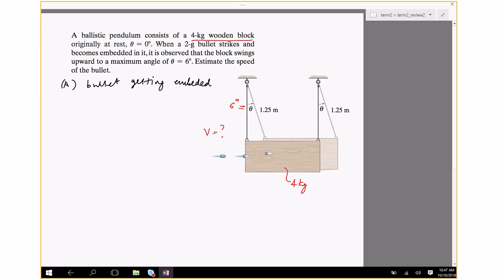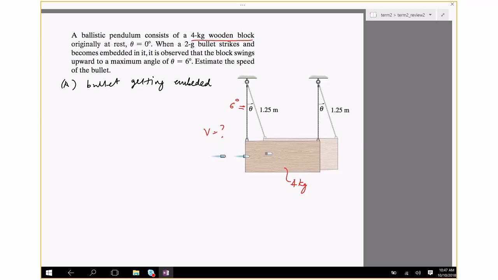That's going to transfer the momentum of the bullet to the block. If you know the velocity of the block with the bullet, then you should be able to find the angle it swings.